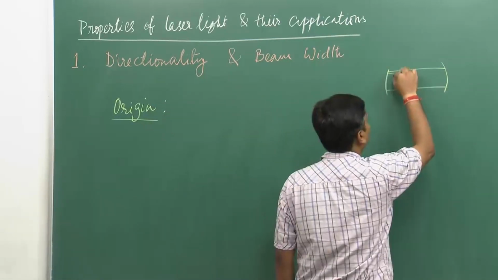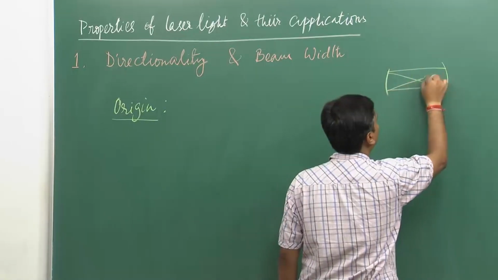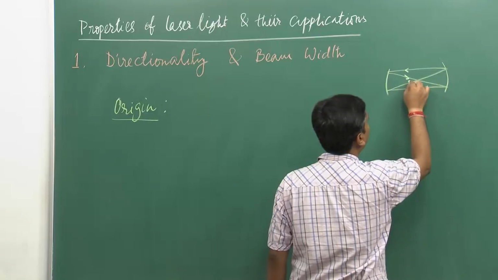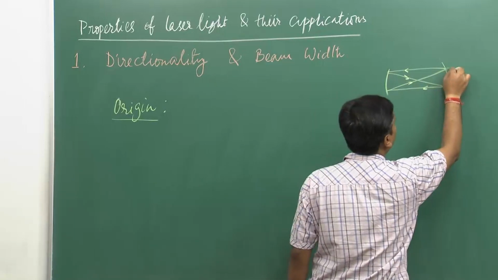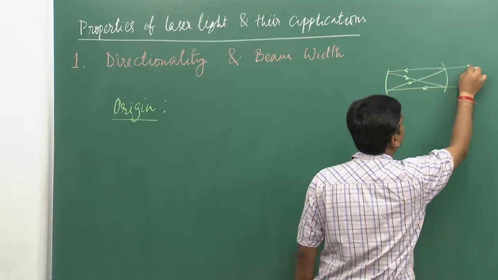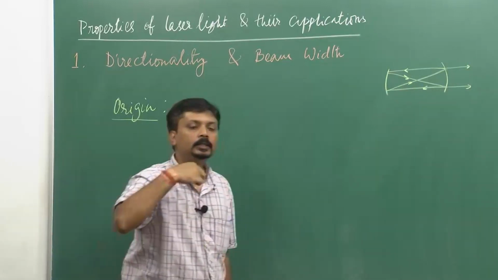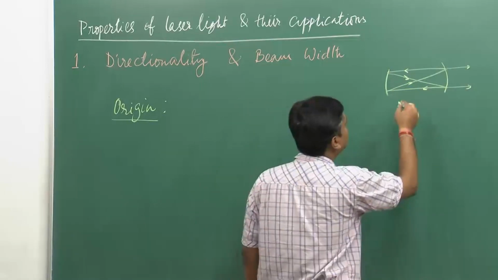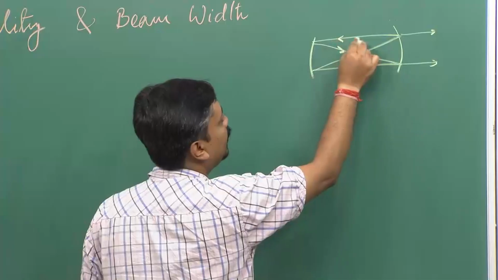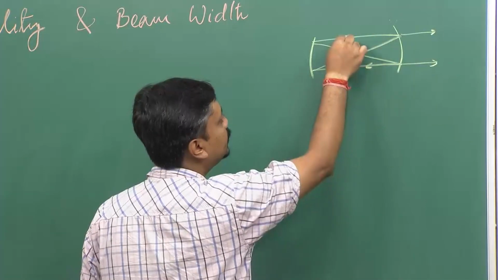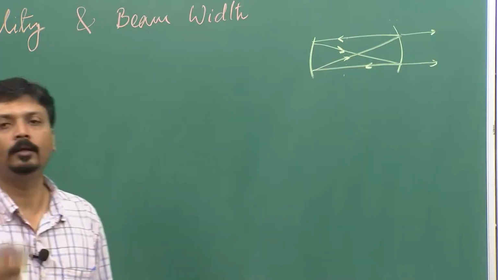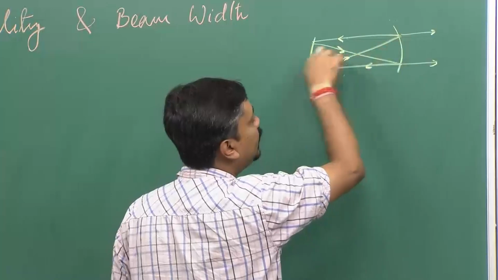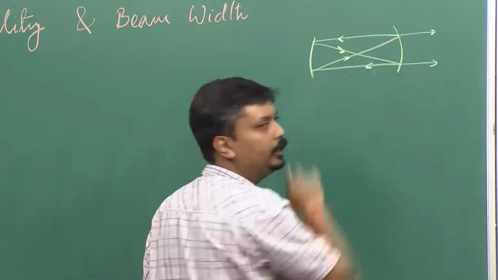As we have shown in one of the previous classes, and ultimately it goes out. The spontaneous photons which have their k vector lying parallel to this axis and fall within this width will be amplified, and they will keep their direction along this axis.